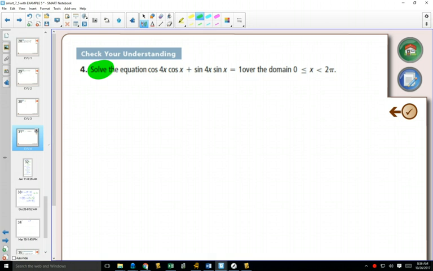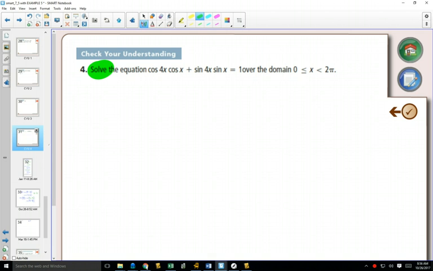So again, the reason I ask you to memorize your formulas is so that when you see cos cos, sine sine, it should trigger, I have that as one of my formulas. If you don't have your formulas memorized, you will just look at this and get scared and probably leave it blank.